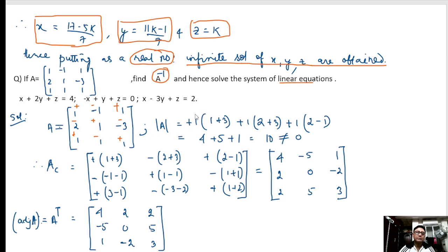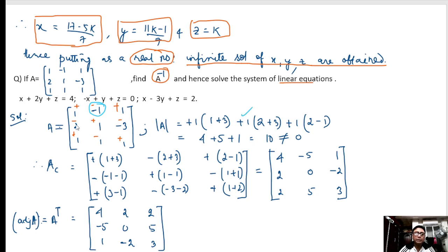Find the modulus of the matrix, so which is 1 plus 1 into, you will take this part, okay, so here it will be 1 into 1 and minus 3, so 1 minus of minus 3, which is plus 3. Next I will take this one, minus of minus 1, which is plus 1.